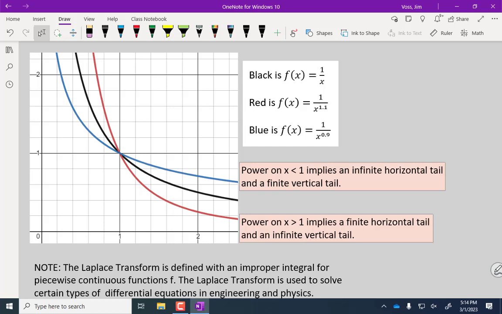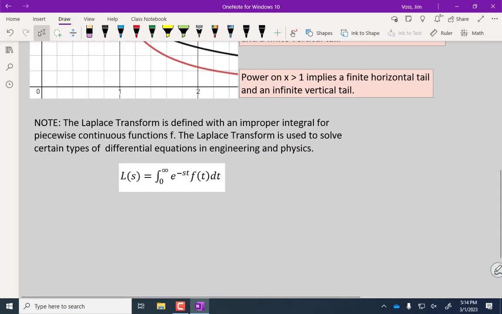Now, everyone always says, well, where are we going to use these improper integrals in the real world? Never. The coolest thing that you will do when you take differential equations is look at something called the Laplace transform. The Laplace transform is an improper integral. And the Laplace transform is super cool because you know how we love taking derivatives?